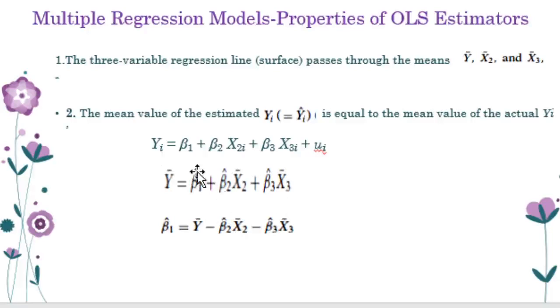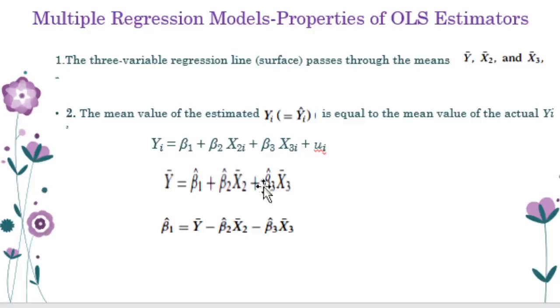Given yi equals beta 1 plus beta 2 x2i plus beta 3 x3i plus ui, and from the first normal equation we derived this equation. The first normal equation was sigma y equals n beta 1 cap plus beta 2 cap sigma x2i plus beta 3 cap sigma x3i.